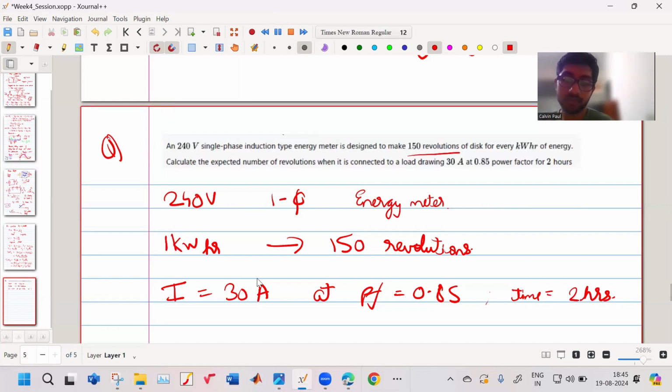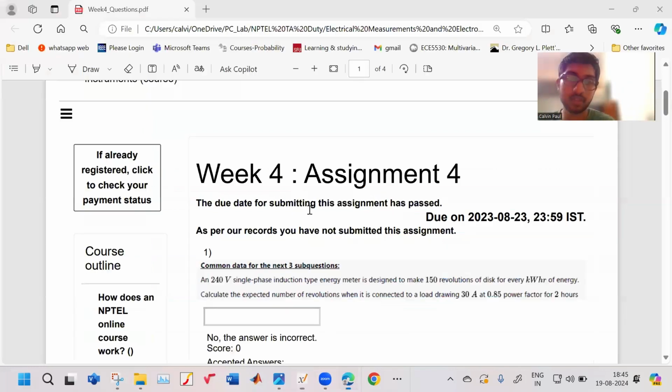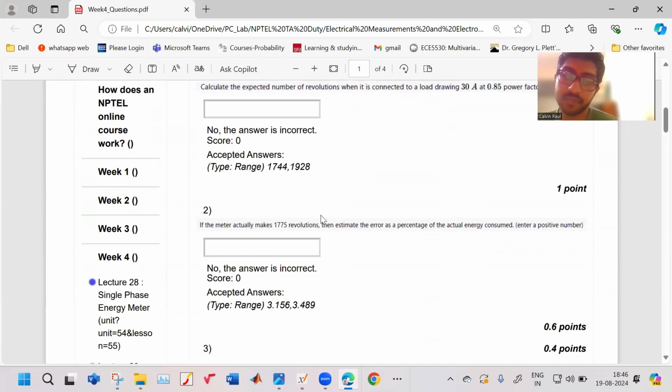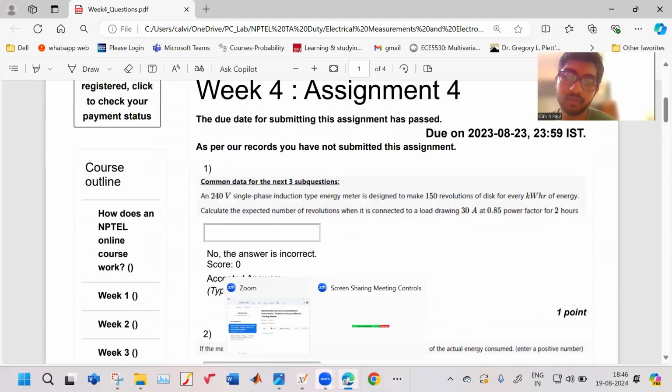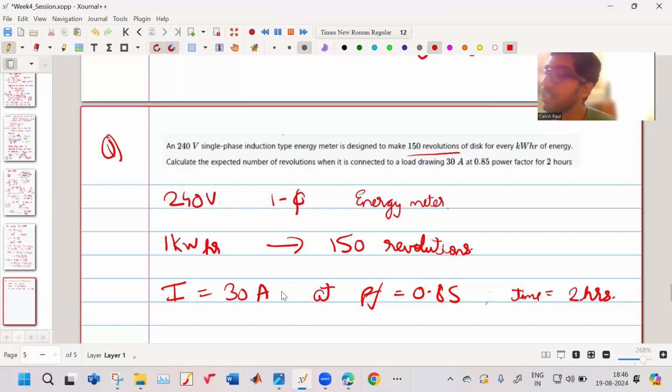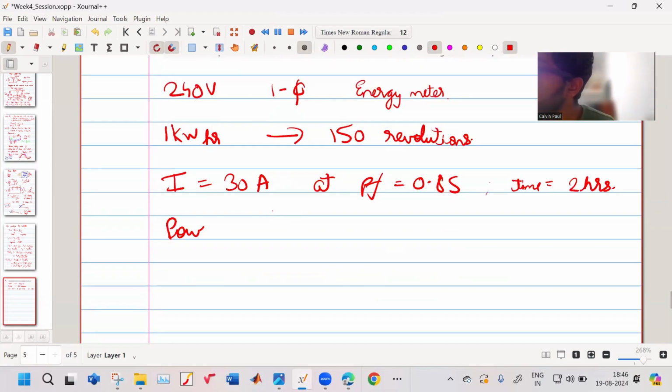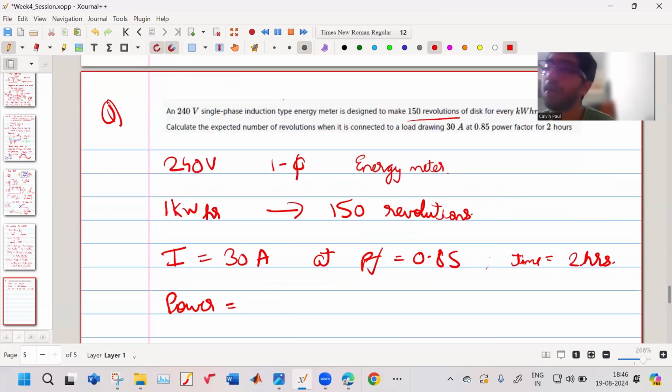Now they are asking how many revolutions you expect it to make. So how much power is it consuming? What is the formula for power?